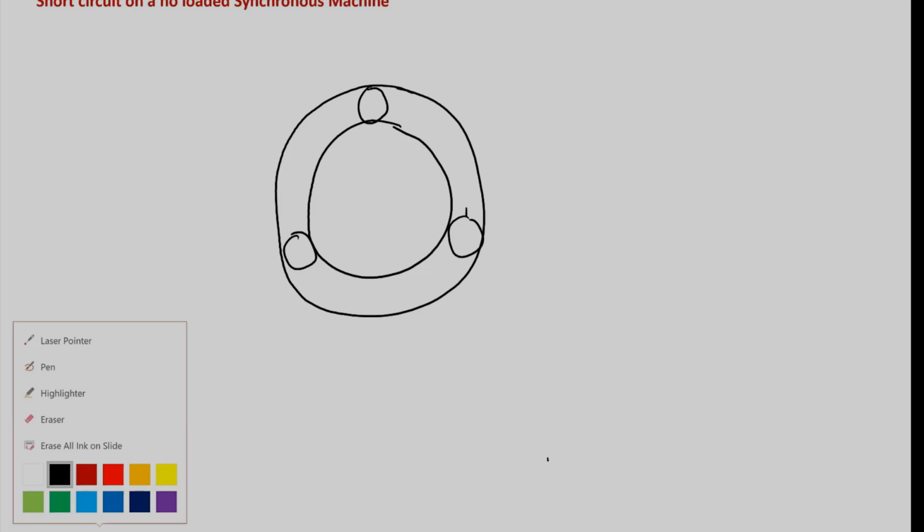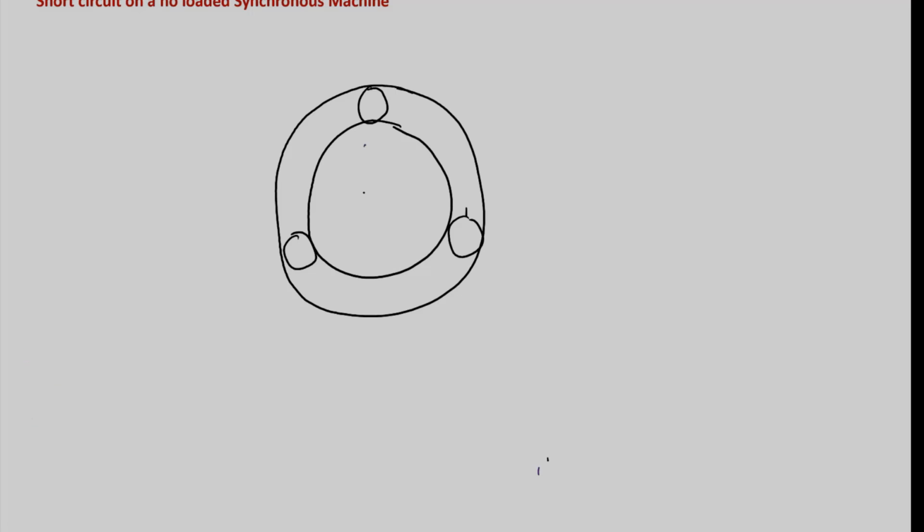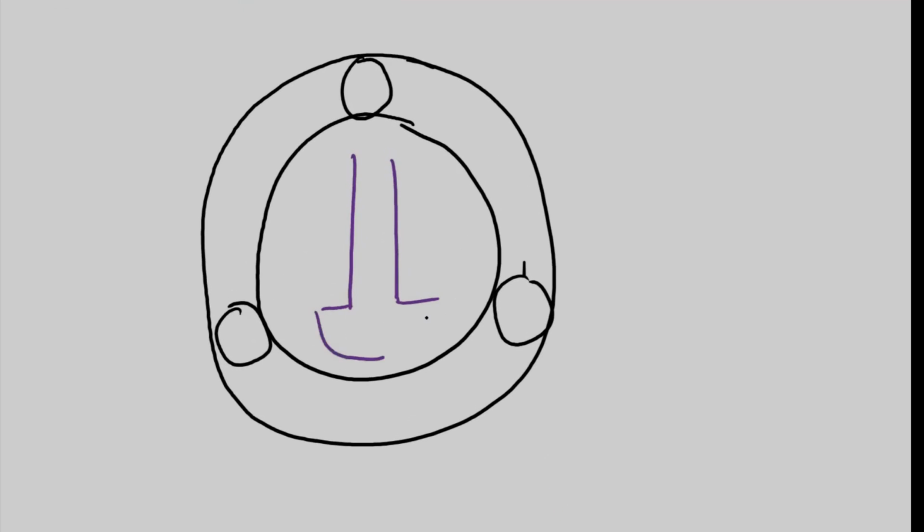For example, these are the stator slots, let us say, and in between them there is the rotor. This rotor contains the DC field windings which are fed from the DC supply.